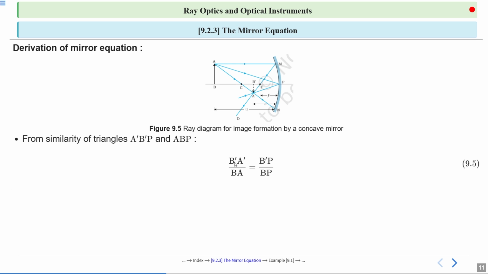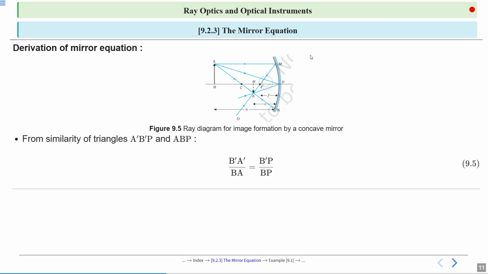So we can take the ratio B'A' upon BA equal to the other two corresponding sides. If we place the two similar triangles in the same orientation, which side corresponds to which? You can see two right angle triangles.